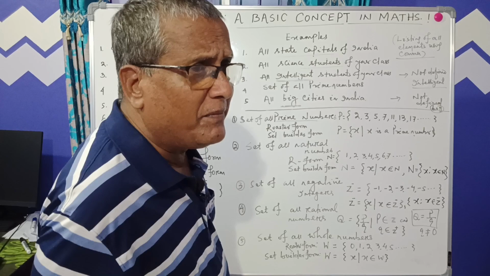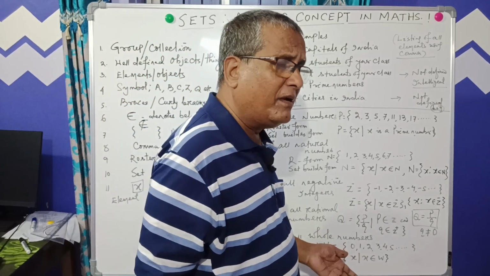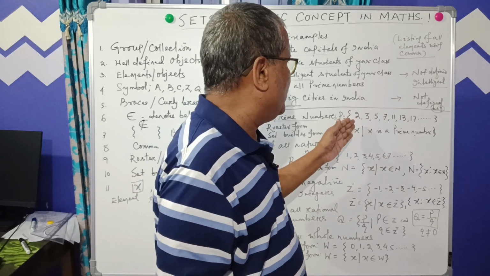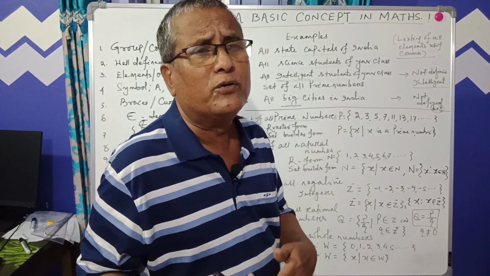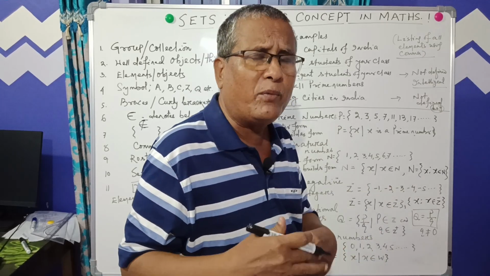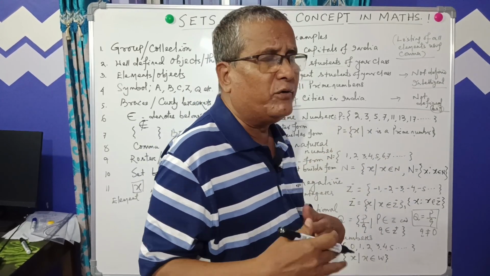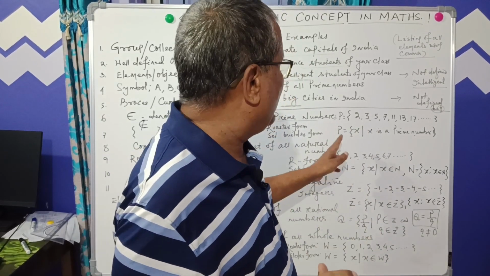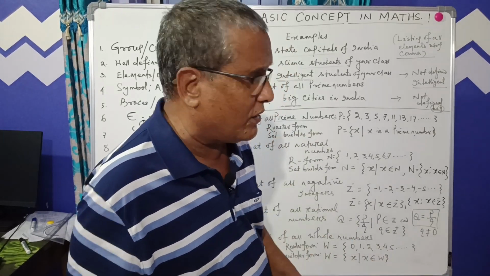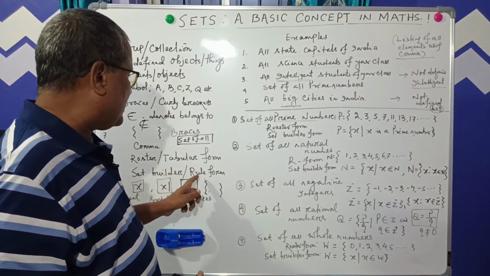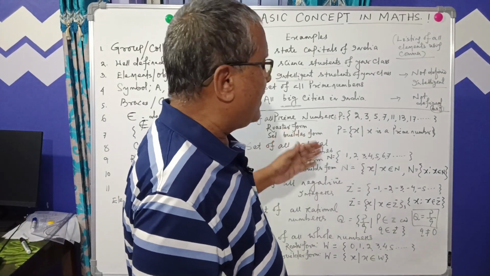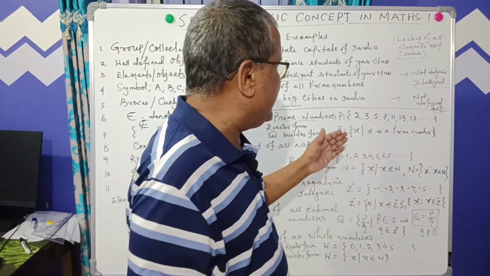But in roster form, it is too difficult and time taking to write, and it is not convenient to represent a set in roster form because we have to list all elements one by one, giving a comma between them. Okay. Now you see, set builder form is otherwise called rule form or standard form. According to some rule we can write.